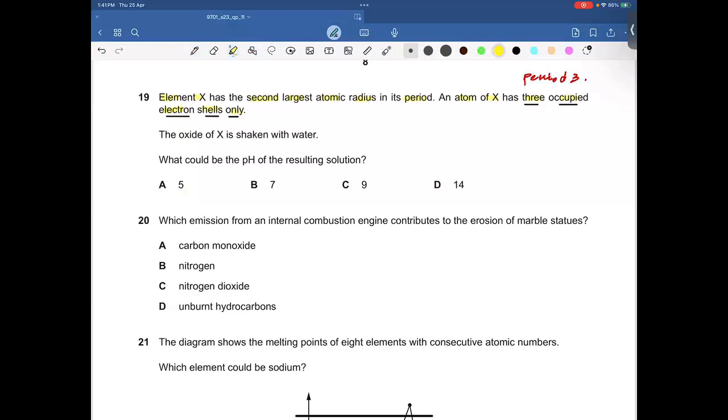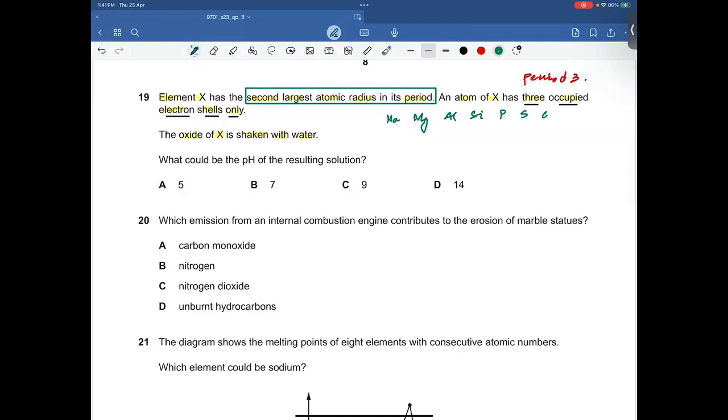The oxide of X is shaken with water. X has the second largest atomic radius in its period. That's a very powerful statement. Let's suppose we have sodium, magnesium, aluminum, silicon, phosphorus, sulfur, chlorine.